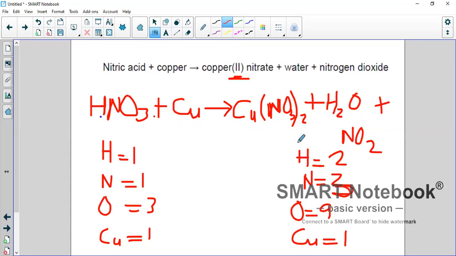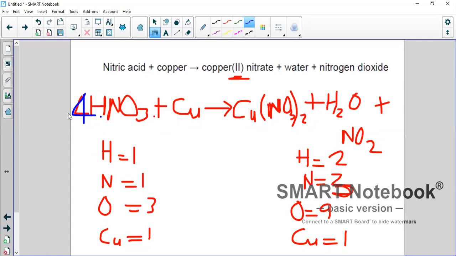There's no way we can balance this nitrogen with an odd number. It has to be even. So we can try by putting a 4 here. That's the even number after 3. It cannot be 2. It has to be 4.